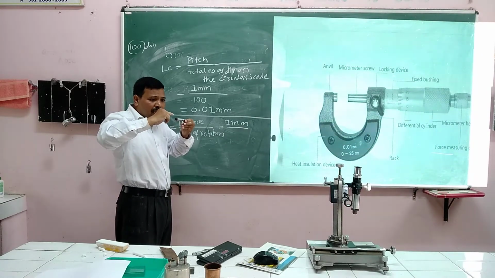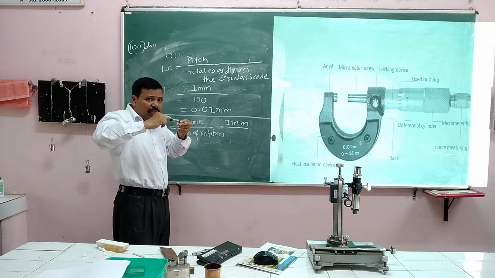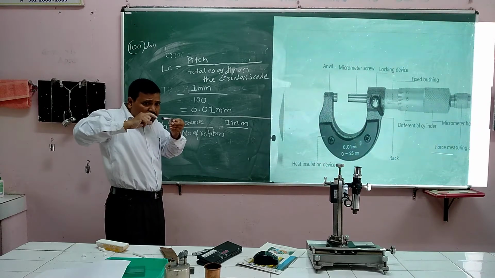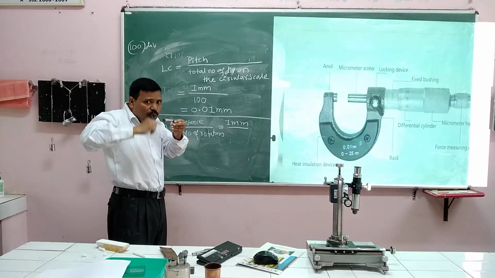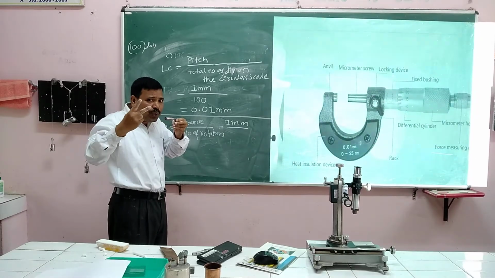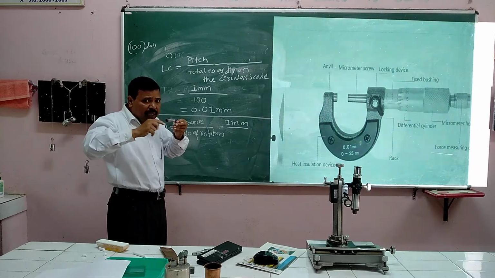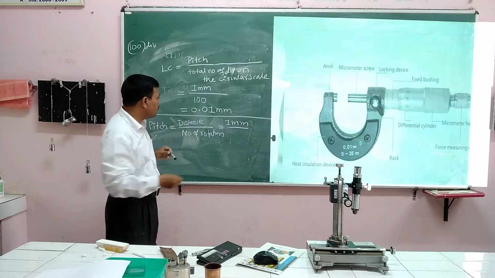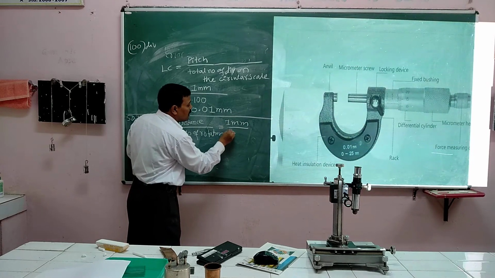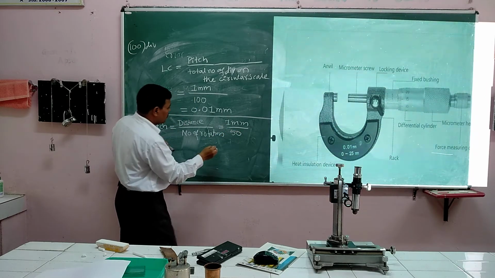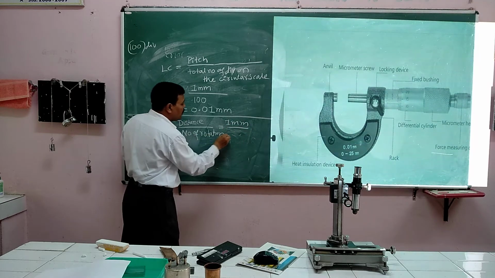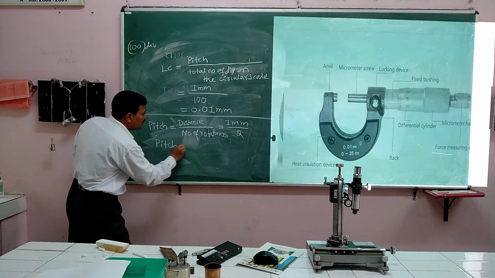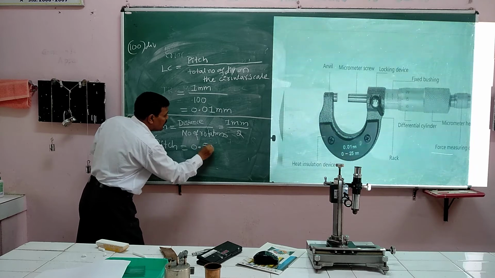One rotation means from 0 to 50, then again 0 to 50 is another rotation. If 2 rotations are completed, the distance travelled along the linear scale will be 1 millimeter. So 1 millimeter divided by, sorry, not 50, the number of rotations, 2. So what we get is pitch is equal to 0.5 mm.